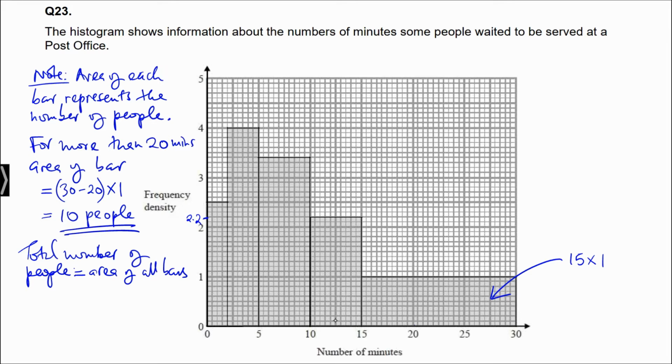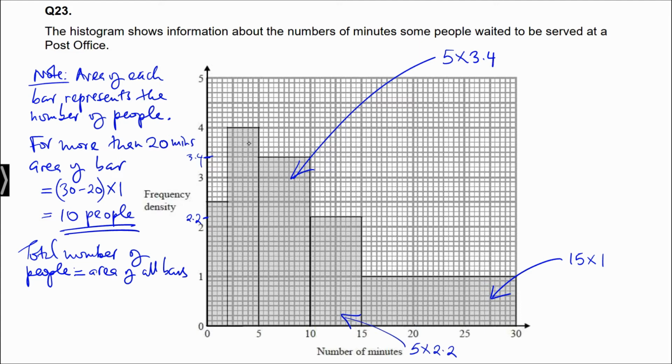So the area of this bar here will be 5 multiplied by 2.2. The area of this bar here, and the height here is 3.4, will be equal to 5 multiplied by 3.4.